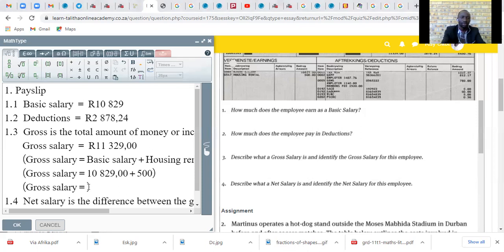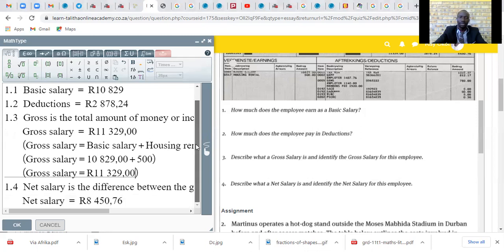So this will be 11,329. This is how we calculate the gross salary. If we were not given the specific values here and we were supposed to just calculate it, this is what we would go through to calculate the gross salary. Yes, now that is about the gross salary.